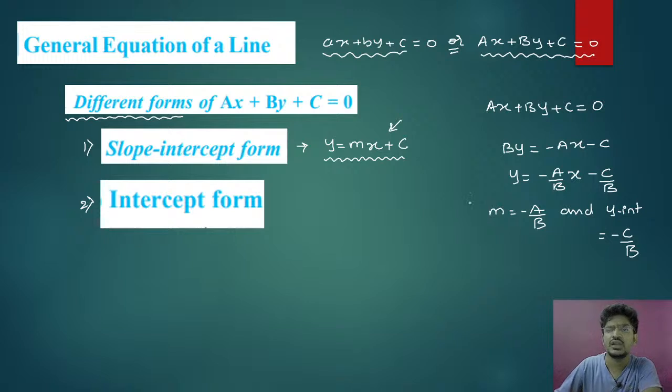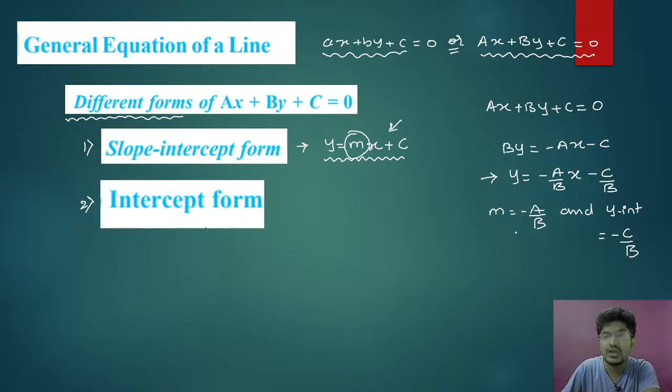Clear? So here this particular equation is called slope-intercept form, that is y equal to minus a by b into x minus c by b. Where minus a by b is your m, you compare it with y equal to mx plus c. In the place of m, you have minus a by b. In the place of c, you have minus c by b.